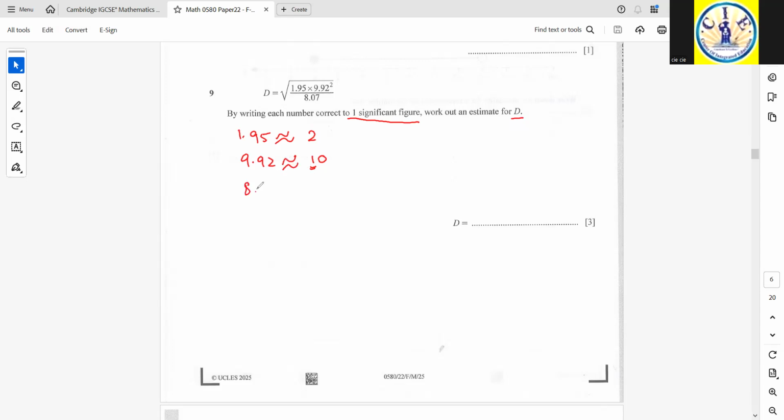Okay, then 8.07 would be equal to 8. So now we can write down this D as 2 times 10 divided by 8 and then the square root. So 2 4s are 8, so we get 10 by 4, that is the square root of 2.5.